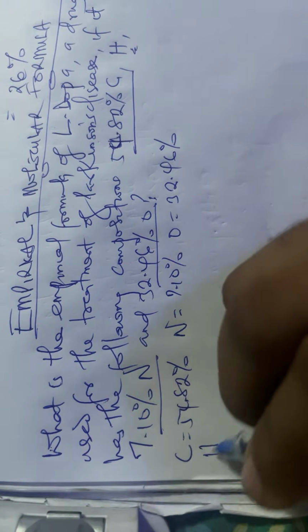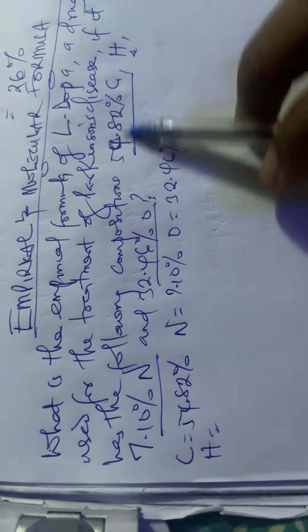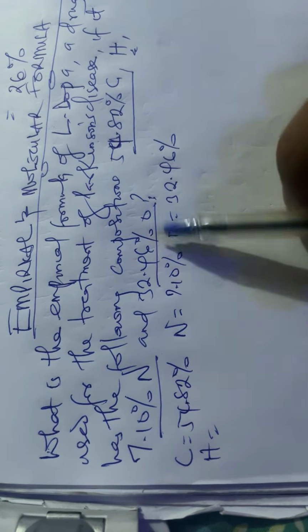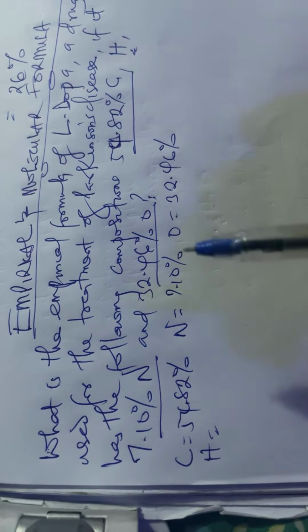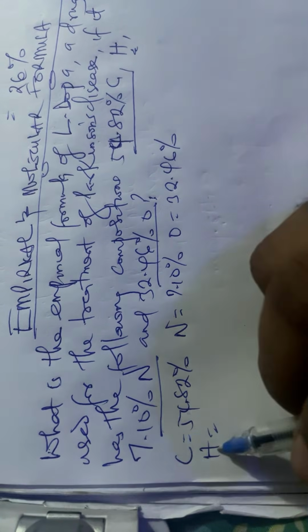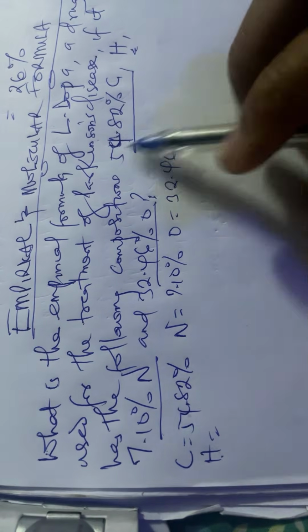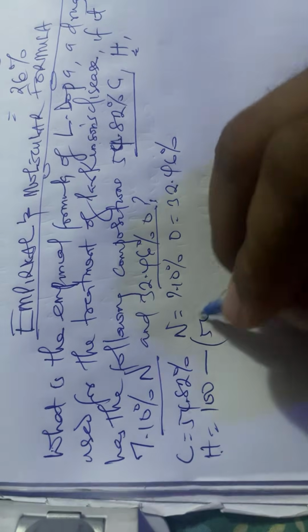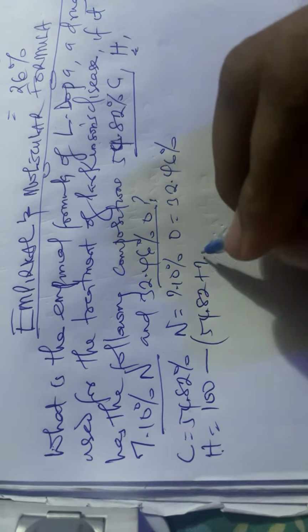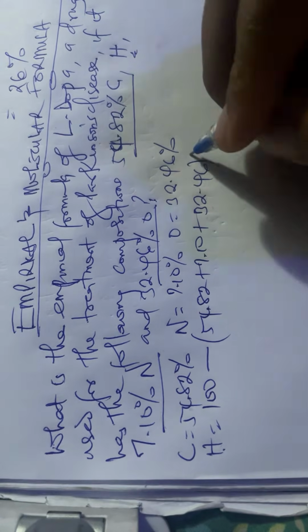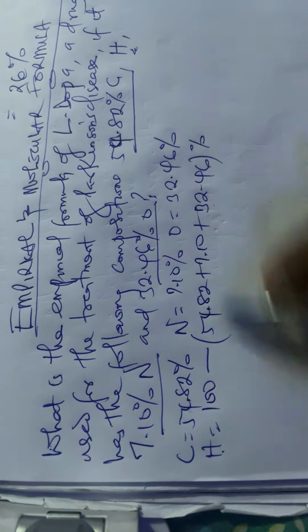Remember that I told you that the sum of the percentage composition of elements in a compound must be equal to 100. So to get that of hydrogen, since we have the other ones, we say 100 minus 54.82 plus 7.10 plus 32.46%. We'll add all of this.